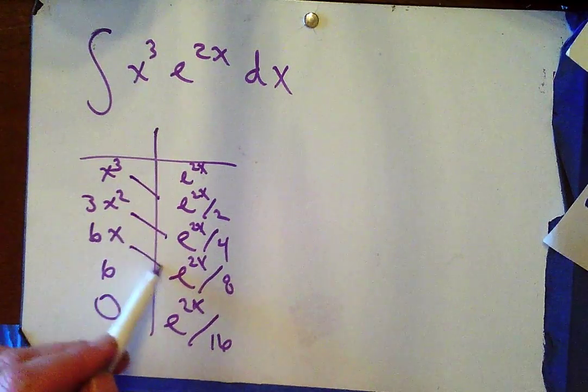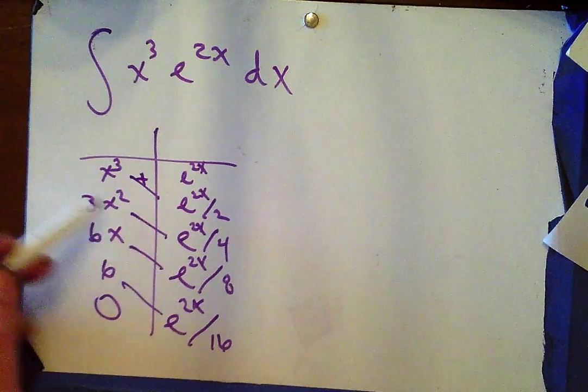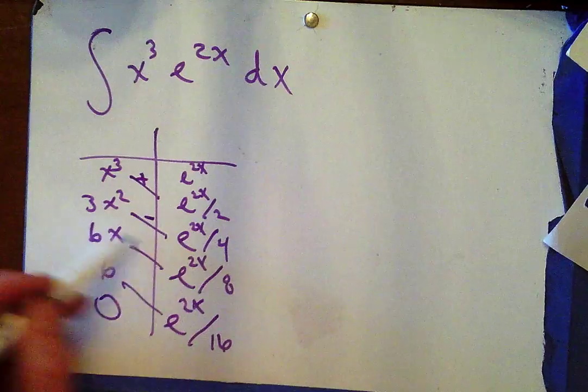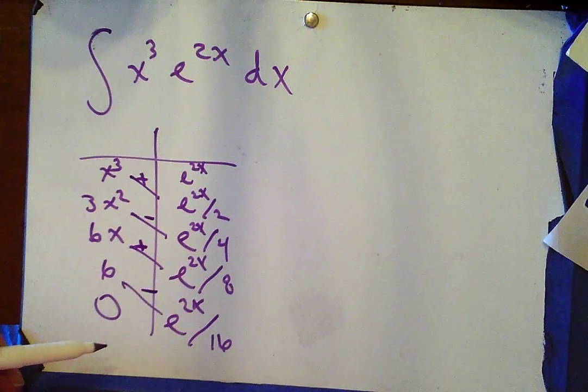We go on the diagonal, and don't forget to multiply this product by a positive, this product by a negative, this product by a positive, and this product by a negative.